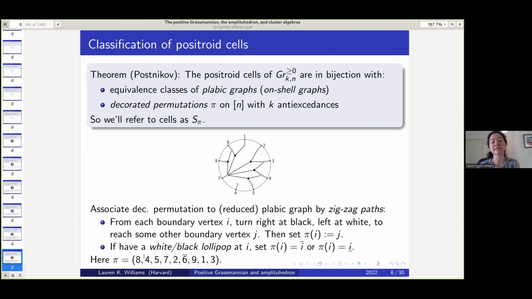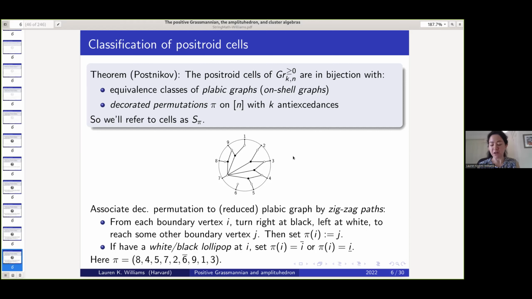And this is a permutation in one line notation, sending 1 to 8, 2 to 4, 3 to 5, and so on. And just to give one more example, how do we get the 1 to 8? We start at 1, we turn left at white, we turn right at black, turn left at white, turn right at black, and we go to 8.